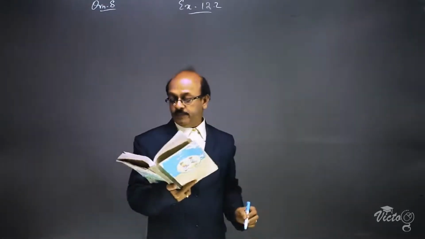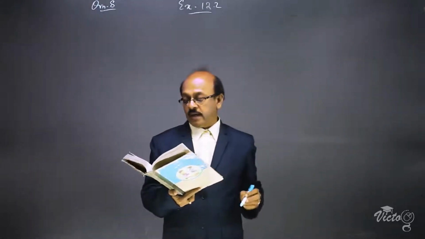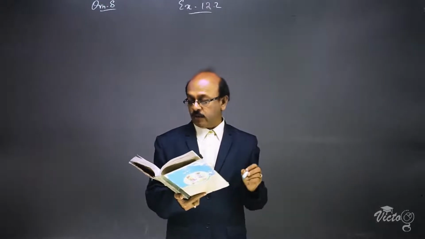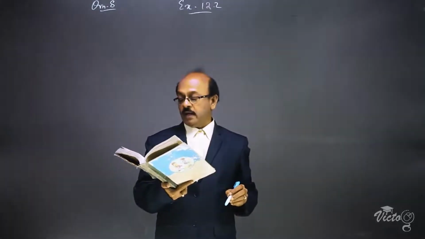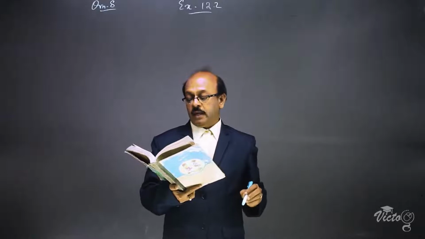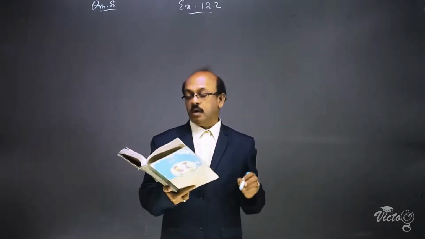The question is: a horse is tied to a peg at one corner of a square-shaped grass field of side 15 meter by means of a 5 meter long rope.